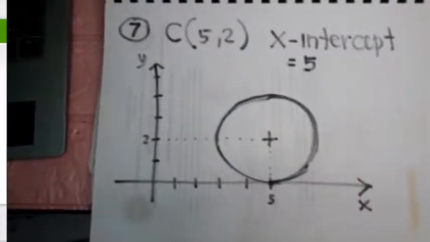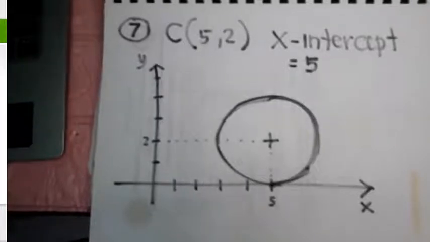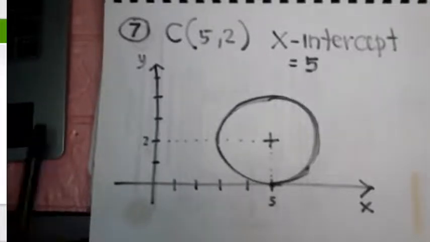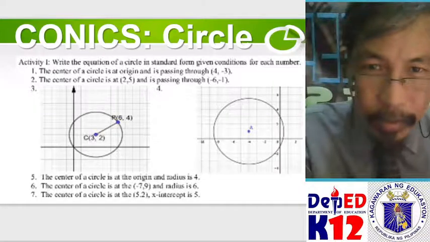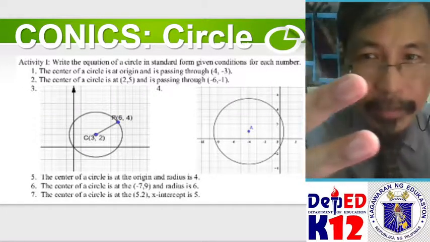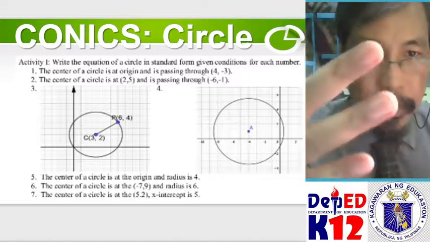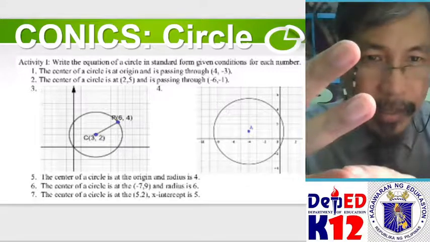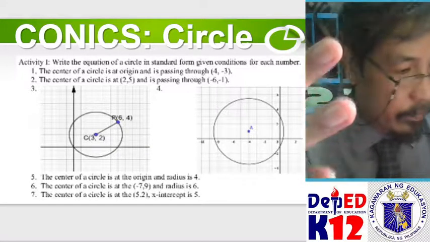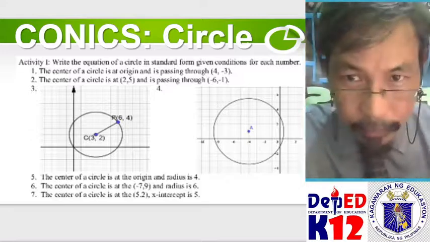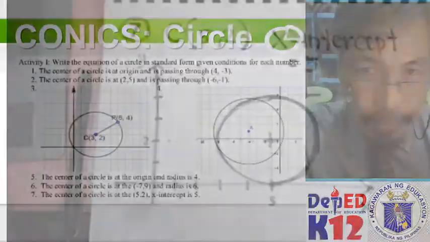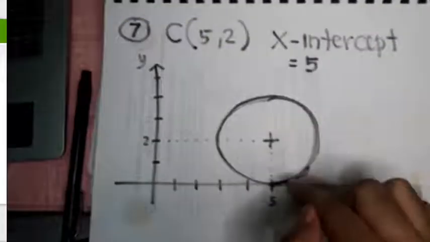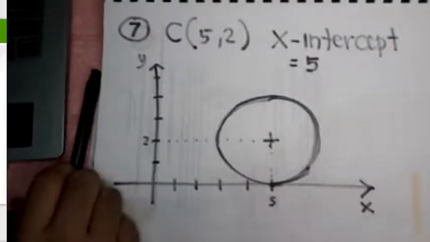Why is that important? We are always explaining to you that there are only 3 important pieces of information: center, point P, and radius. Going back to our drawing, what can you say about this point?